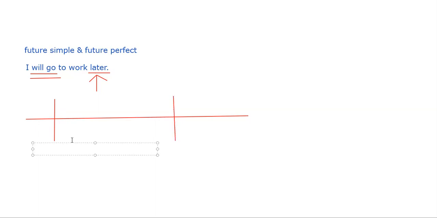With the future perfect, you have an event that starts in the present and goes to the future. It leads up to some point in time in the future.